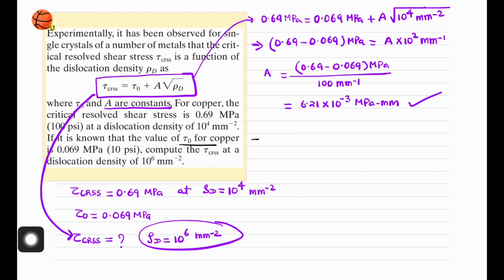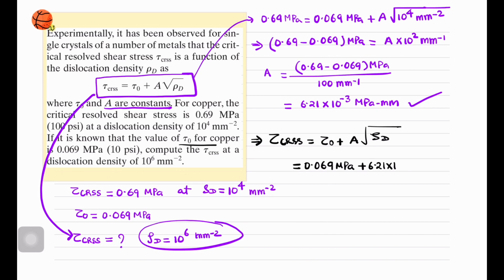So we'll now solve very quickly. We again write the expression: tau CRSS is equal to tau naught plus A square root of rho d. Tau naught is 0.069 megapascal, A is 6.21 into 10 to the minus 3 megapascal into mm, and rho d is 10 to the 6 inverse mm square.